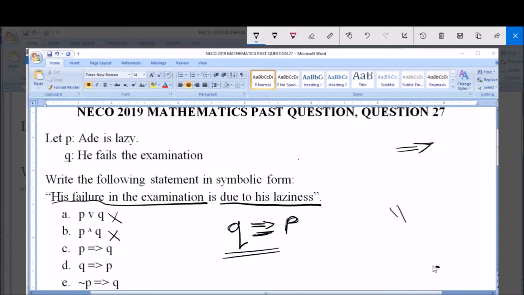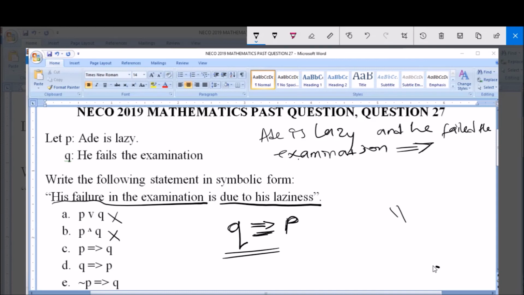If we had Ade is lazy and he failed the examination, that would have been C, that is P, Ade is lazy, and so he failed the examination.